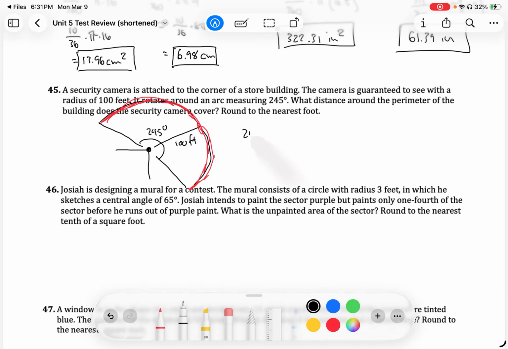So we would take 245, divide it by 360, and multiply by the circumference of that circle, which would be 2 pi times 100. So if we do that, we get 245 divided by 360 times 200 times pi is 428 feet.